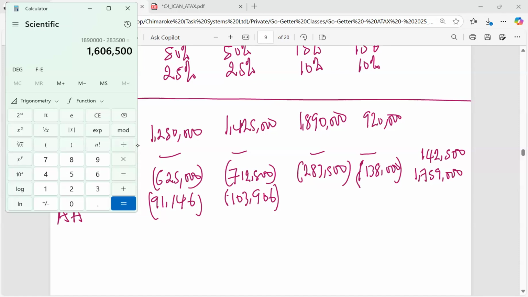So I divide by 10 years. This is what I'm claimable for 1 year, 160,650. But I'm going to take 7 months, so times 7 divided by 12. That gives me 93,713.